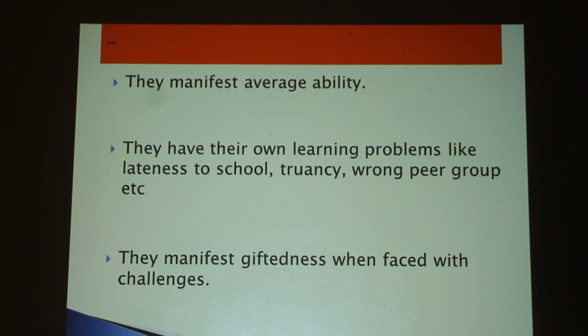They have their own learning problems, like lateness to school, wrong peer group, etc. They manifest giftedness when faced with challenges. When you give them a challenge, they try their best, and that's when they do the things right. You give them an assignment, submission time is 15th of March. On the 13th, you see them producing the results you want.